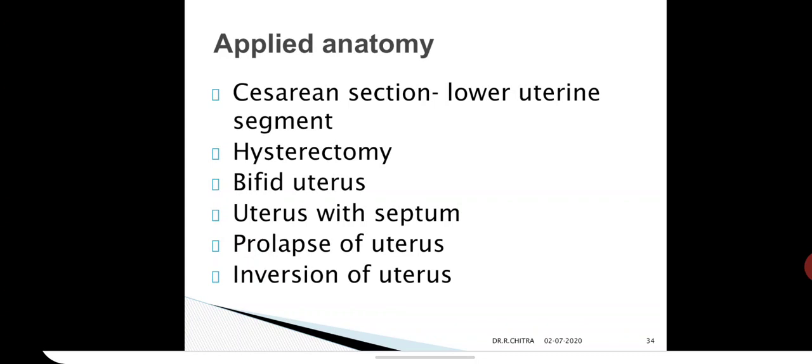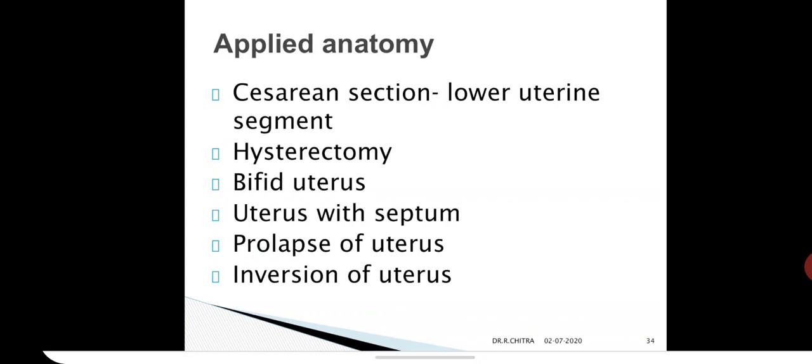Inversion of the uterus. What is it, and how is it different from prolapse? Prolapse of the uterus is as a whole; it maintains the anatomy and descends. Inversion of the uterus is turned inside out, so the endometrium comes through the cervix and into the vagina. That is called inversion of the uterus.